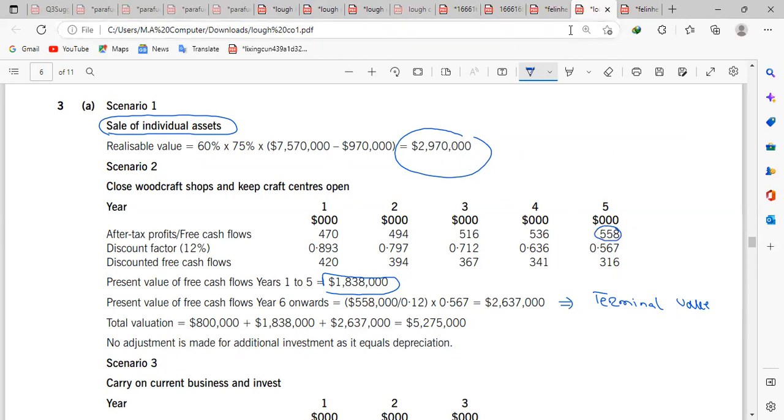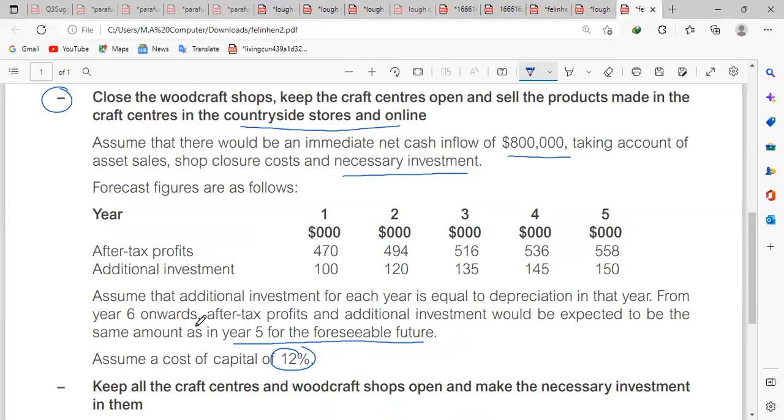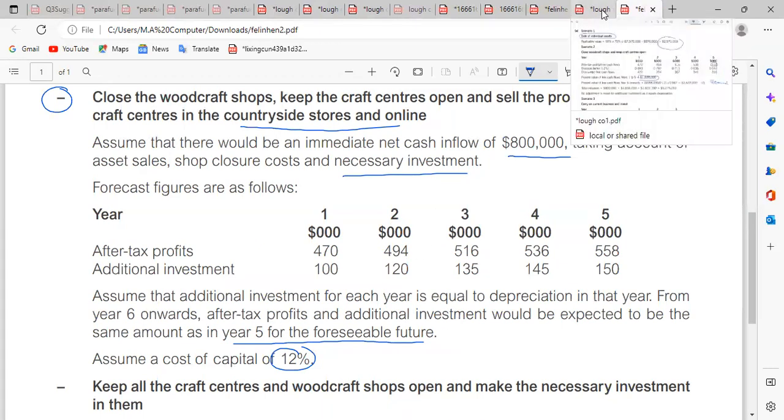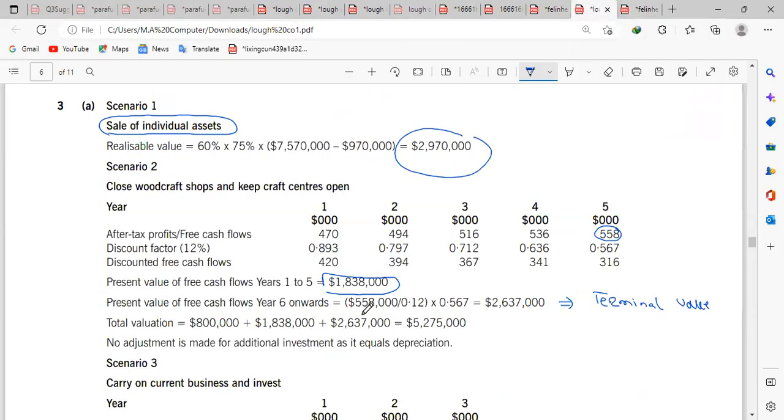And are these cash flows growing or not? See, these cash flows are not growing; they will be the same. So previous year cash flows divided by cost of capital: 558 divided by the cost of capital, further multiplied by the previous year discount factor.